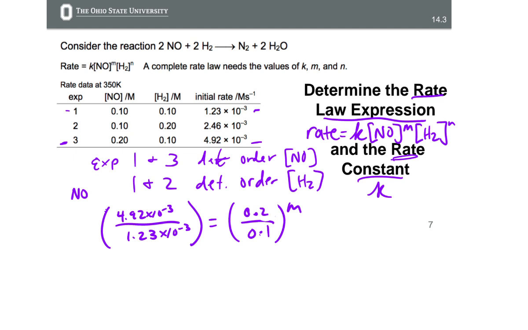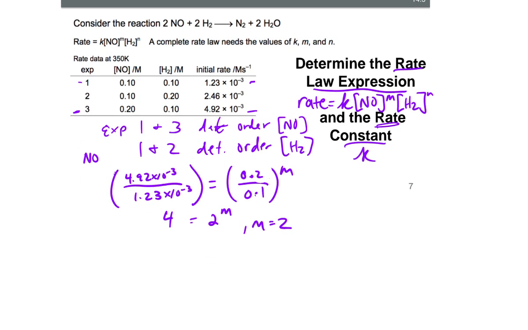Okay, so we end up with something close to 4 on the left-hand side equals 2 to the m. So what does that make m? Yeah, so m must be 2. 2 to the 2 is 4.